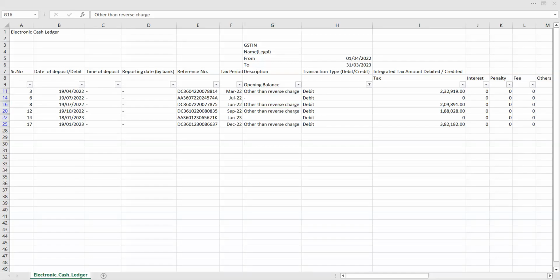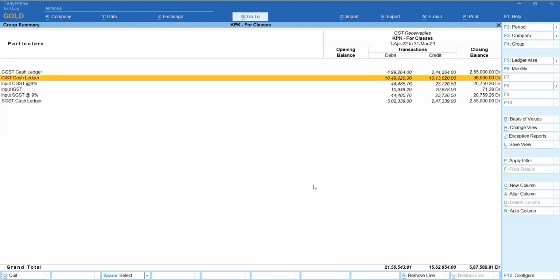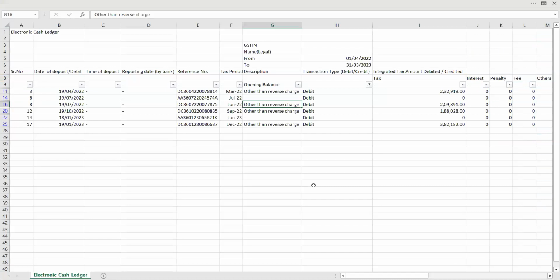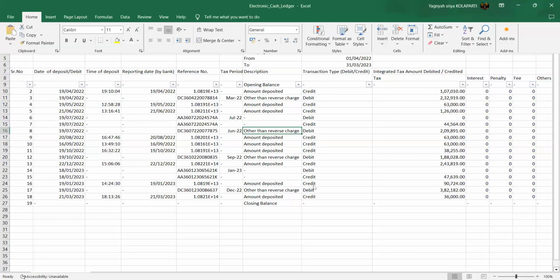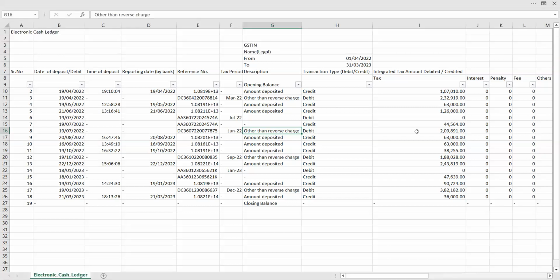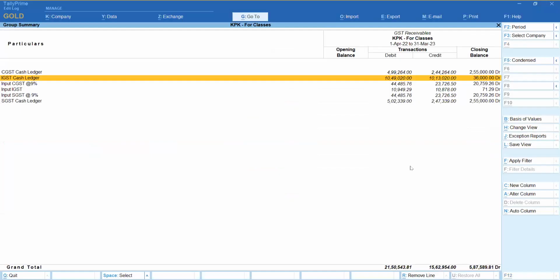So the same thing I have captured in Tally. Now I'll just show you the Tally. If I go to the cash ledger now, let me see, 44,564 IGST.